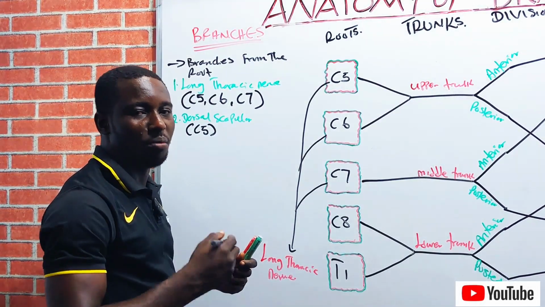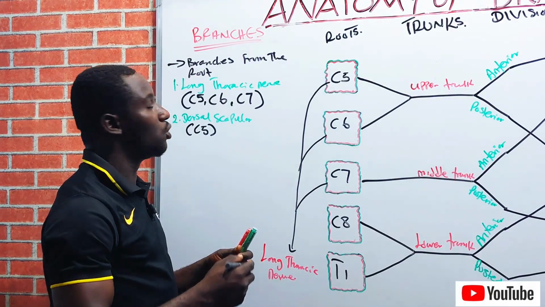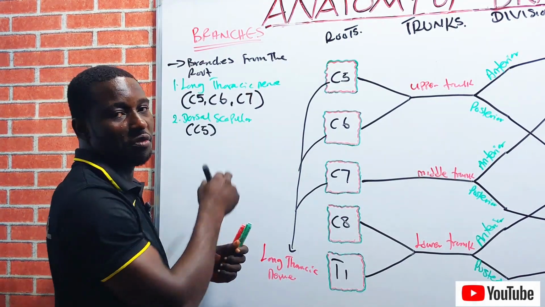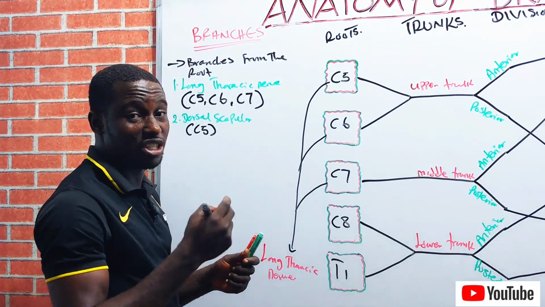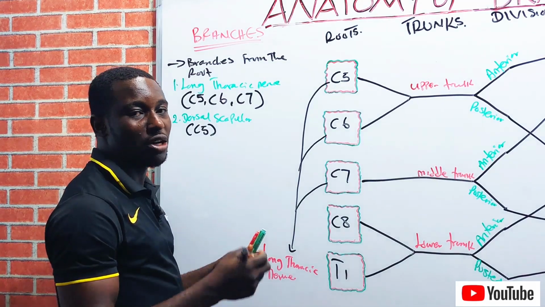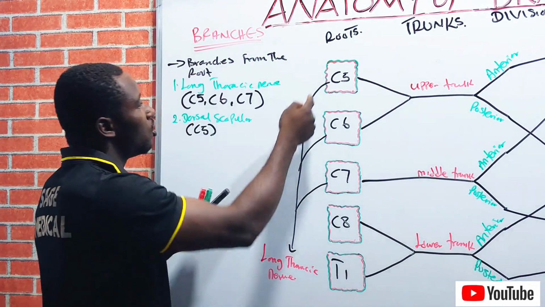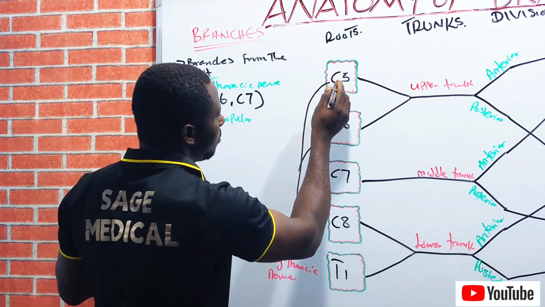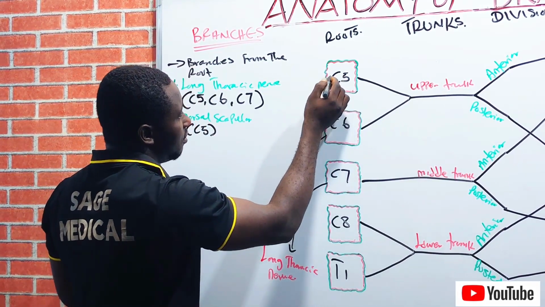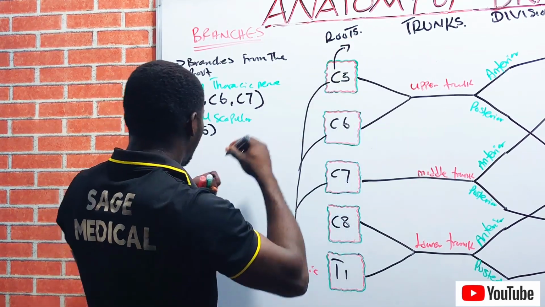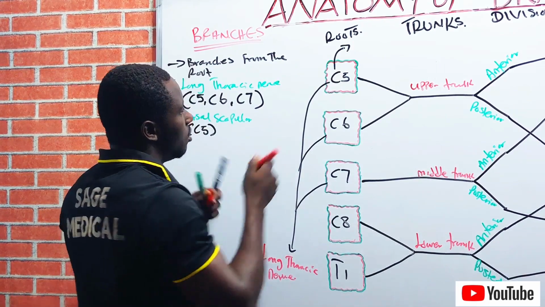It supplies rhomboid minor and rhomboid major. Recall that the long thoracic nerve supplies the serratus anterior muscle, while the dorsoscapular nerve supplies rhomboid minor and rhomboid major. So it only arises from C5.